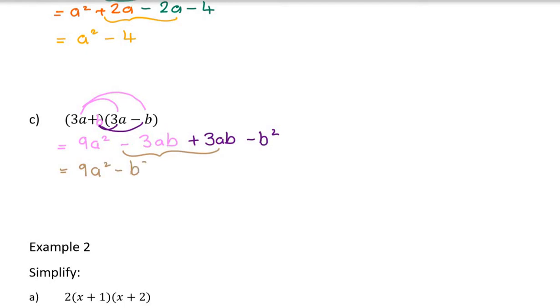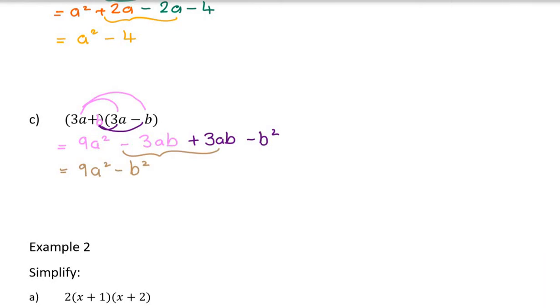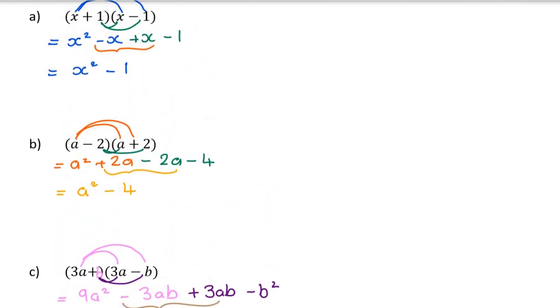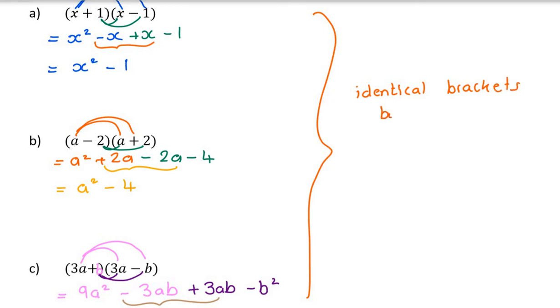Now this is going to be a really important concept in about a week's time. So what are we noticing? Do we notice that every single one of these have identical brackets except the signs? So these have identical brackets, numbers and letters, but opposite signs.